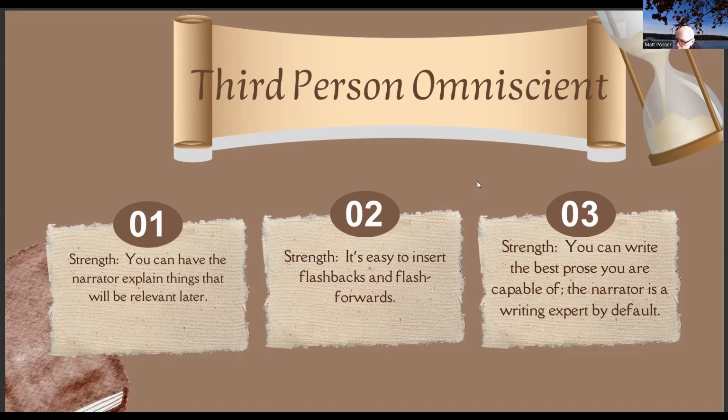Another strength, it's easier to insert flashbacks and flash forwards because the reader is not wondering how the character could know that. Yet another strength, you can write the best prose you're capable of. The narrator is a default writing expert, so you can really break out your best sentence structures and your best vocabulary, your best figurative language, and so on.